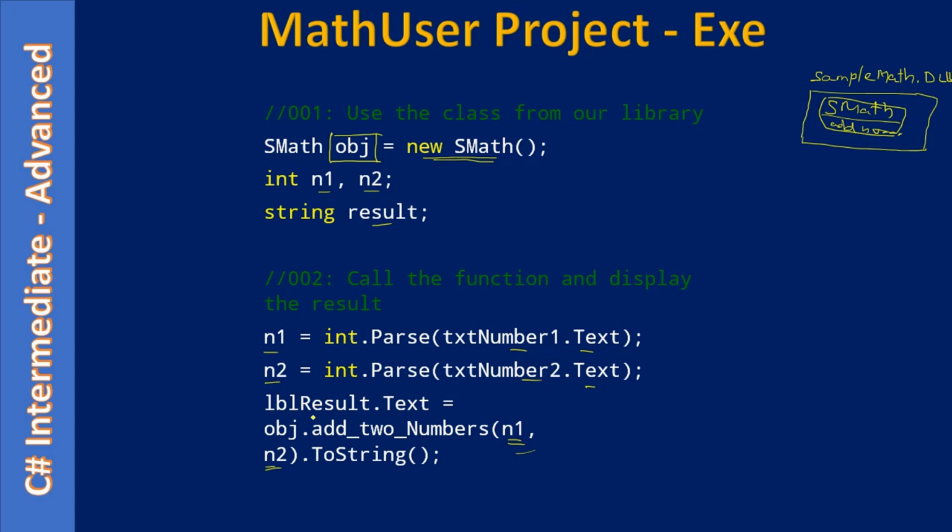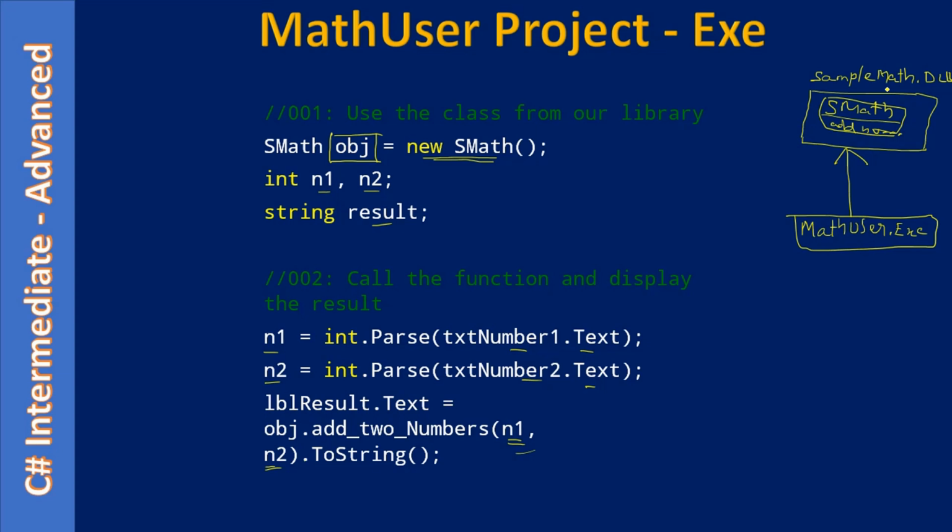Then we are storing that in the label control, label result.txt. So that's what we are doing here. And this mathuser is the consuming exe. Mathuser.exe will make use of this sample math.dll.